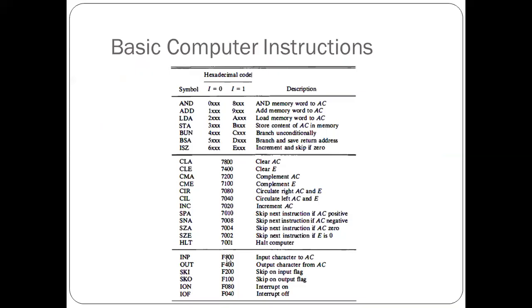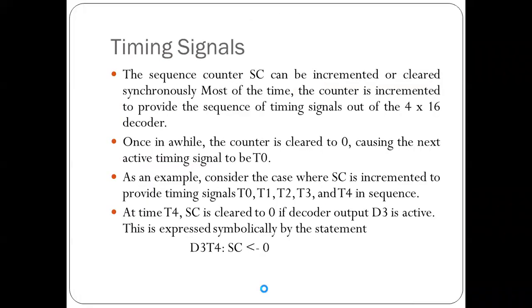Out of the available 12 bits, only one particular bit will be one at any point of time, by which we can decode the instruction: either reading the input device, where the input character is placed in the accumulator, or a write operation, where the output character is updated with the character from the accumulator. Then there are a skip on input flag, a skip on output flag, and two other instructions related to the interrupt enable flag. Let us see them one by one.